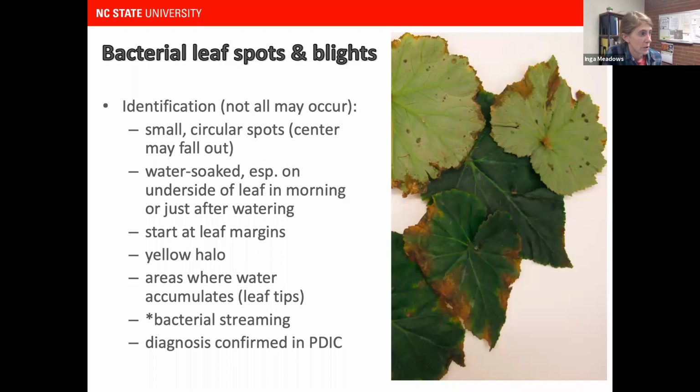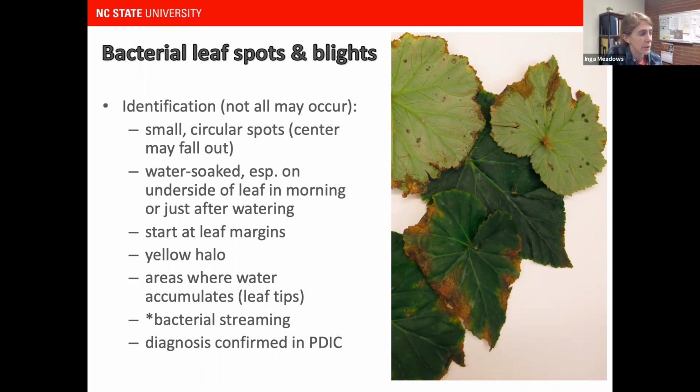Sometimes the lesions start at the leaf margins. So like on the picture on the right, you'll see most of the damage is starting at the leaf margin and working its way inward. Sometimes you'll see a yellow halo around the lesion. You might also see more in areas where water accumulates, like at the leaf tips.